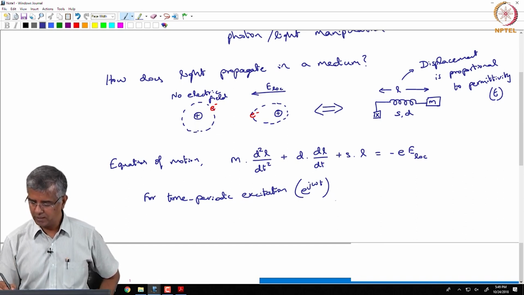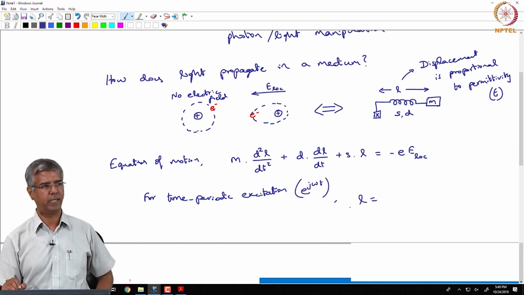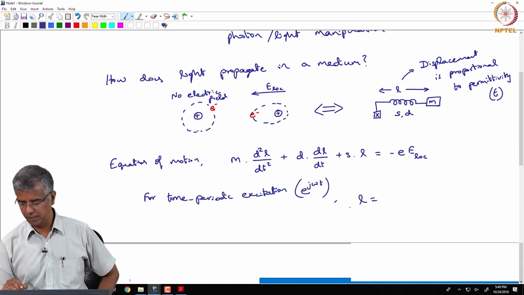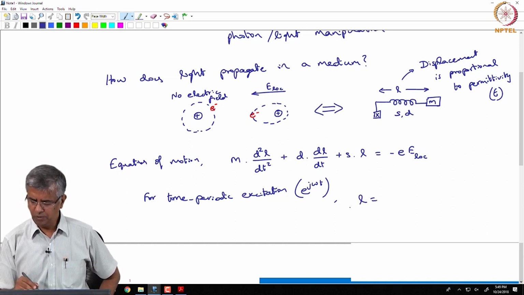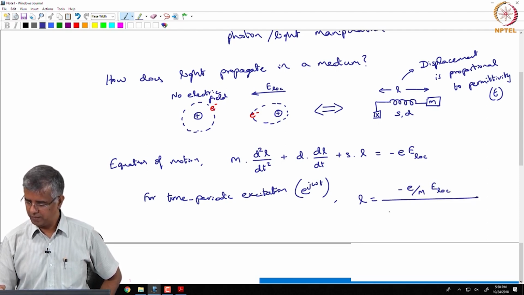If I do that, then what I am interested in is an expression for L. If I divide the entire equation by m and do that substitution for time periodic excitation, I get an expression like this: E over m multiplied by E log divided by omega naught square.